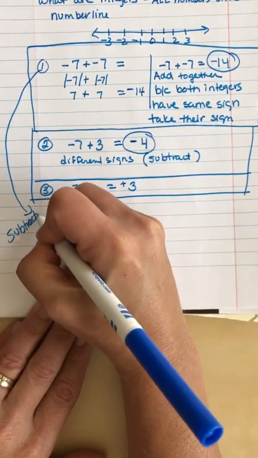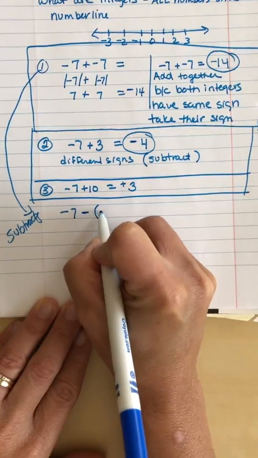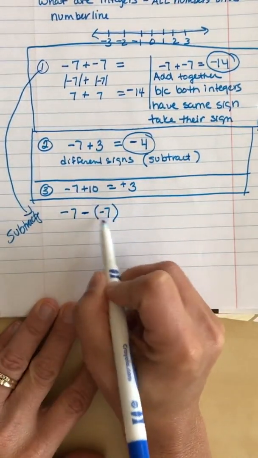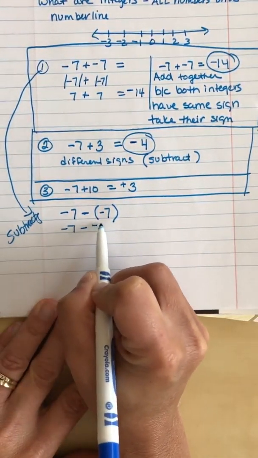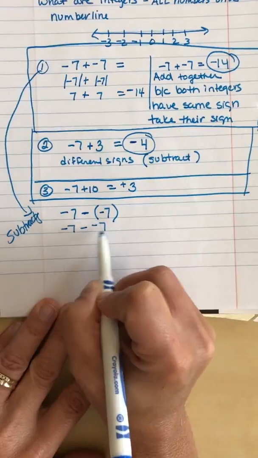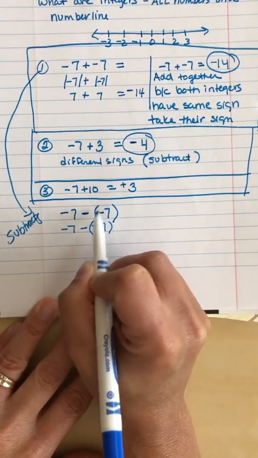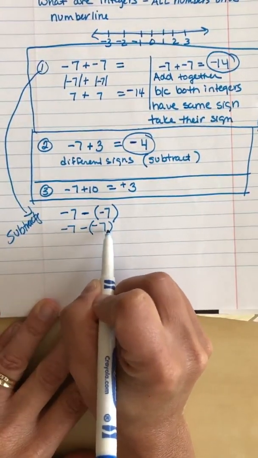So -7 minus. And you'll notice that when you have minus -7, it's going to be in parentheses, because otherwise it's going to look like this, -7 minus -7, and that's confusing. So whenever you have a negative after a negative sign, you're going to have it in parentheses. So therefore, -7 minus (-7).